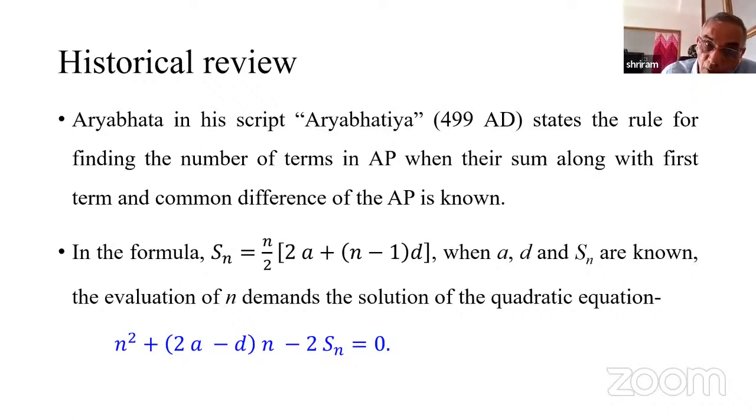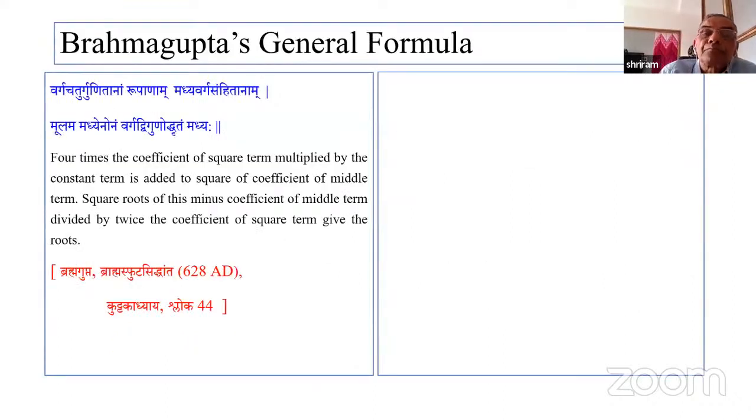A correct formula for solving the quadratic equation is first given by Brahmagupta in his script Brahmasphuta Siddhanta. There is a chapter called Kuttakadhyaya, which is another name for algebra. In that Kuttakadhyaya, verse 44, I will not go into details of the verse, I will just read the translation.